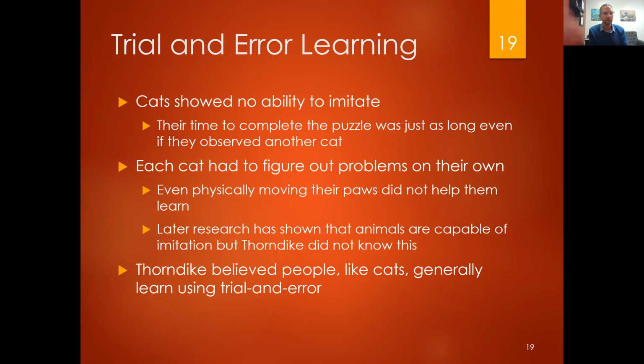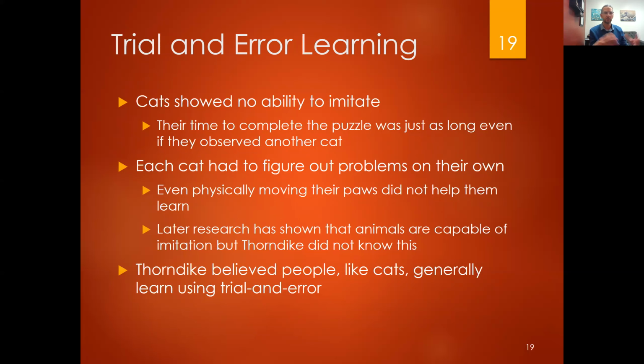Now, Thorndike, and this happened a few times, I'll try to point it out, may have overstated the case a little bit, because more recent research has shown animals are in fact capable of imitation. But again, what Thorndike found is that the emphasis on insight might be overstating things. So Thorndike actually believed people, like cats, generally learn using trial and error.